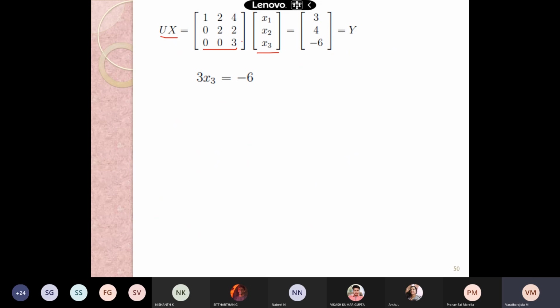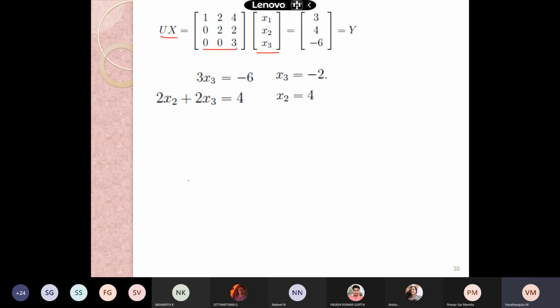My 3x3 is equal to minus 6, therefore x3 is equal to minus 2. Then 2x2 + x3 = 4. Applying the value of x3, that is minus 2, I get minus 4 here. Therefore, adding this minus 4 to the RHS becomes 8, so my x2 is equal to 4.